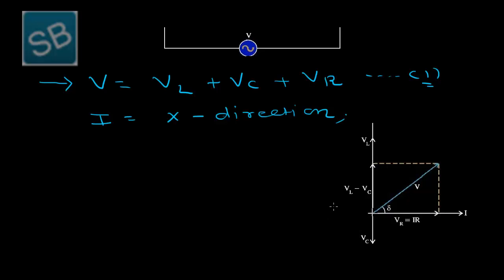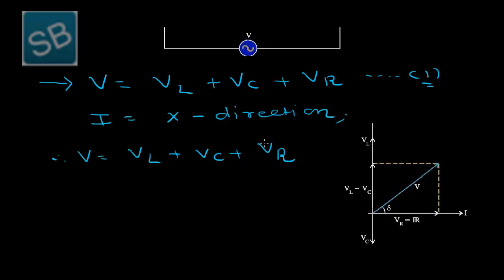I have directly taken the potential difference between the ends of the inductor as well as between the ends of the capacitor. So it is obvious from this figure that the direction of voltage is also the combination of VL plus VC plus VR.